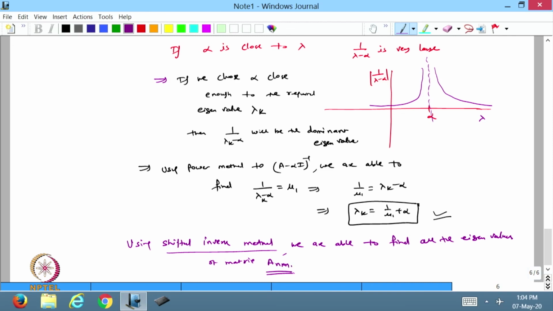So, not only are we able to find the least value or the dominant eigenvalue, but with the help of the shifted inverse method we are able to find any eigenvalue. So, you choose the alpha that is close to any eigenvalue, and with the help of this shifted inverse method we will find that eigenvalue.